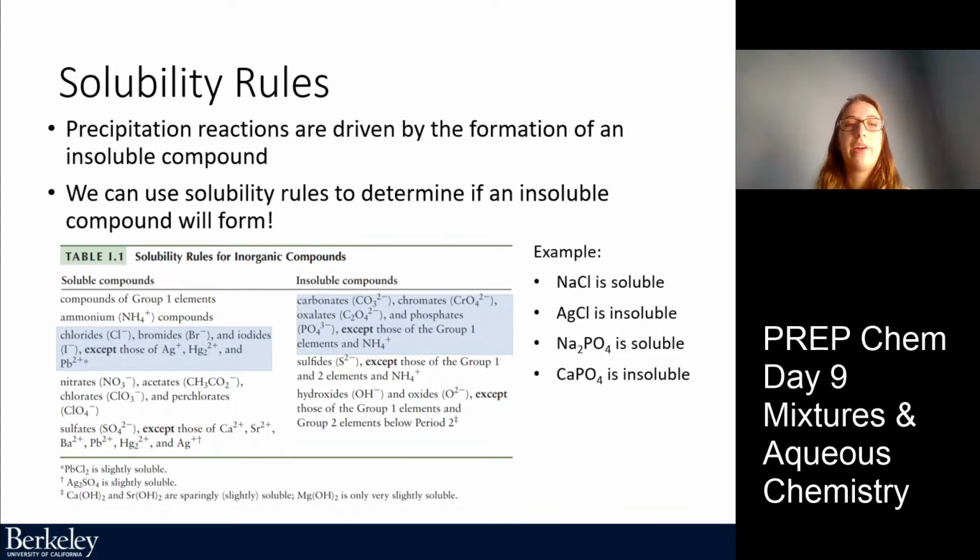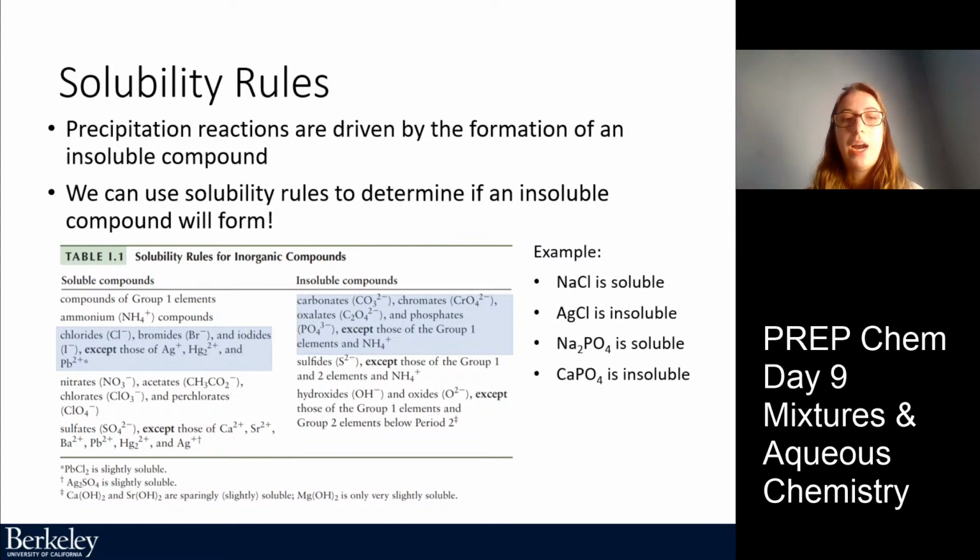Okay, so just to summarize before we move on to an example, we can look up a solubility table, and what that does is it provides all of the different rules for how to determine if a compound will be soluble when it's in water. This is specifically for electrolytes, so it's for water. In these tables, they separate the rules into two different categories.